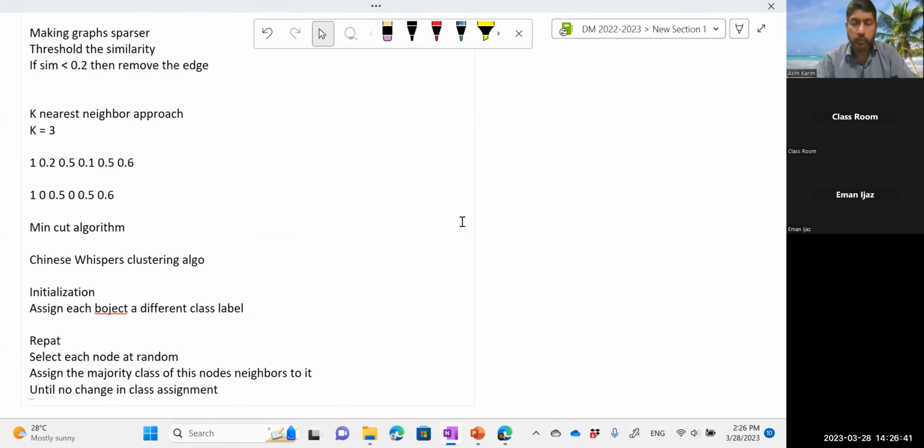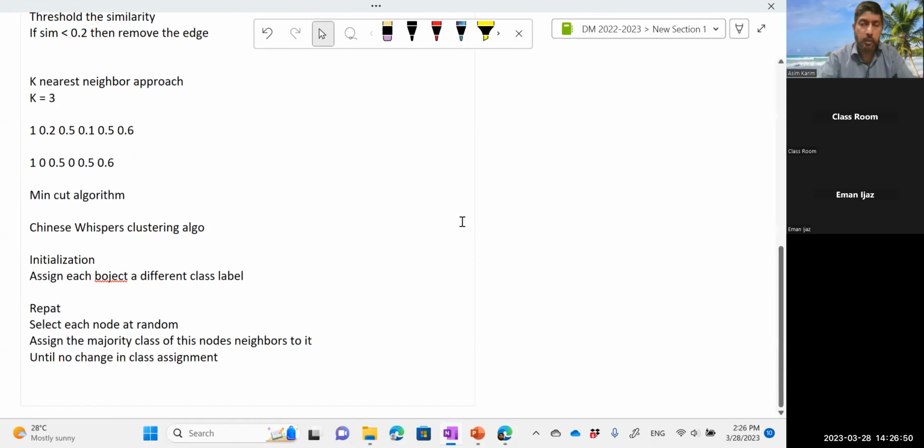Then you do this repeatedly for all the nodes and for multiple iterations until there is no change. So here we have done this using a stochastic, random approach, by changing the label of one node at a time.